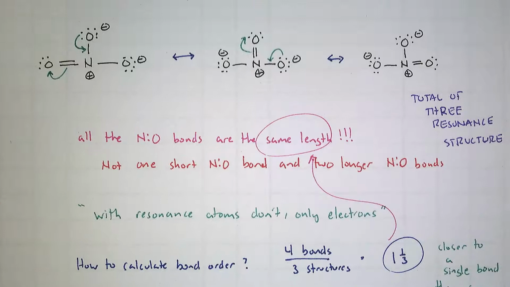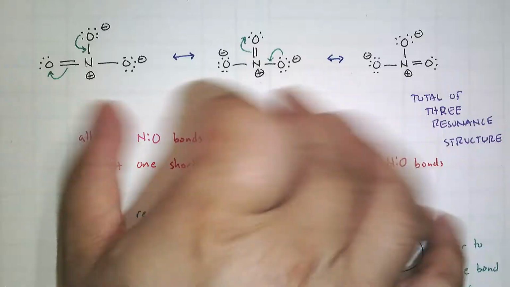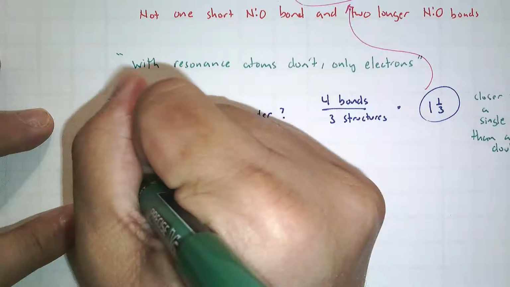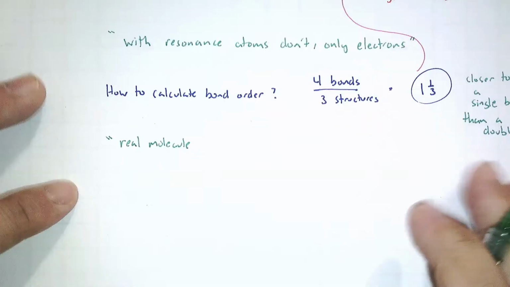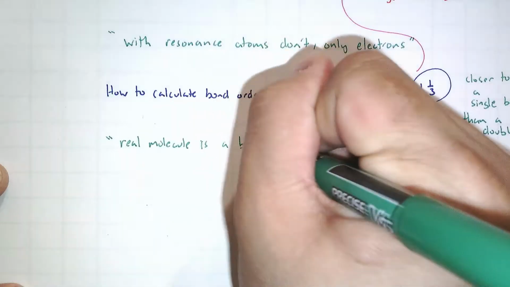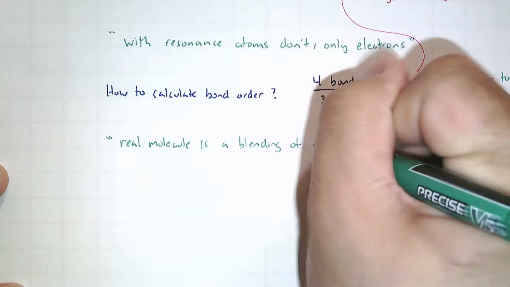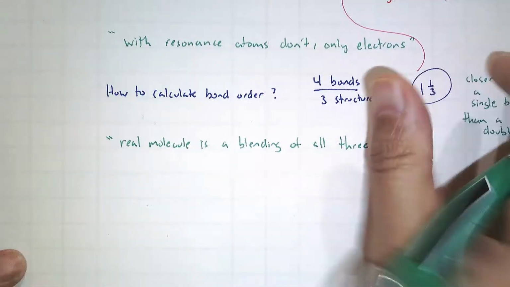That brings up a little bit of a dilemma because the real molecule is a combination of all three. Okay, so the real molecule is actually a blending of all three, because there are 3 resonance structures.